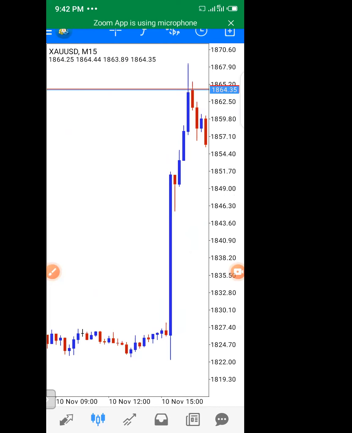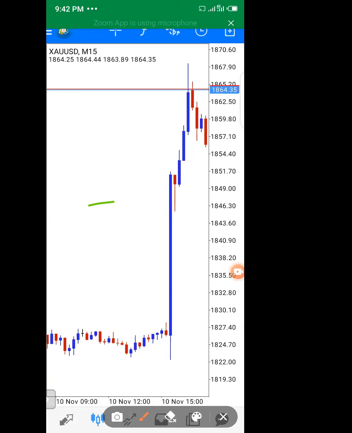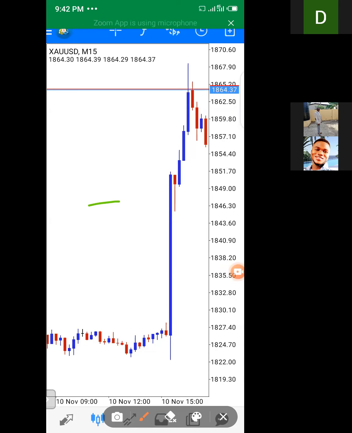Sometimes you see a candlestick called a doji has formed like this. Then someone will be like, oh, the week of this particular market, I think it is going to be buy.